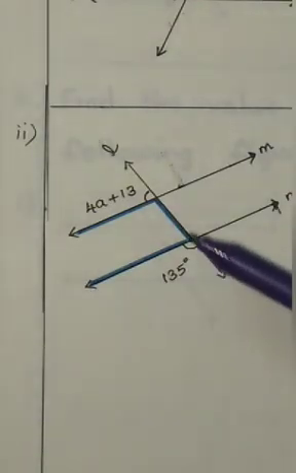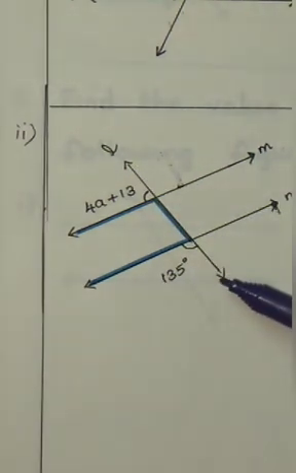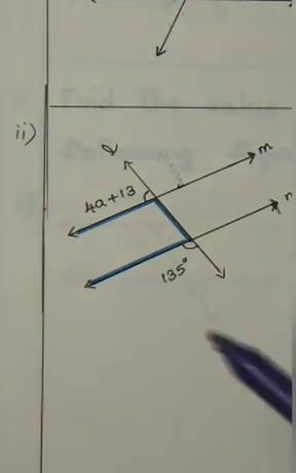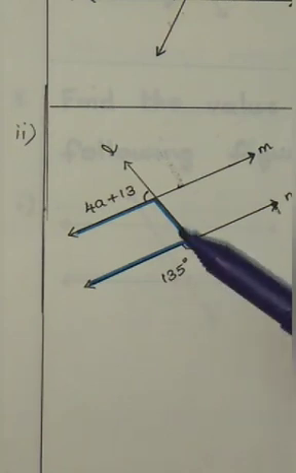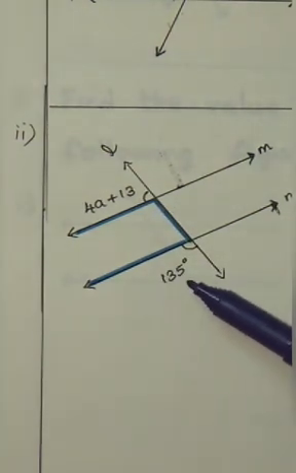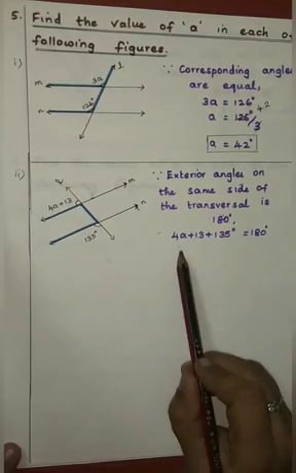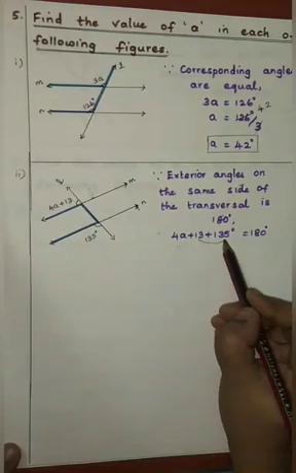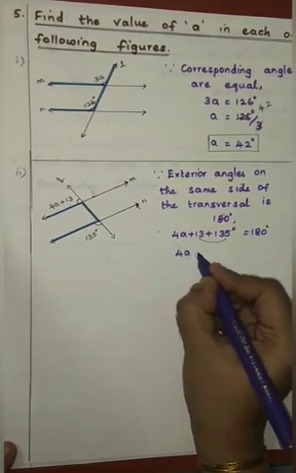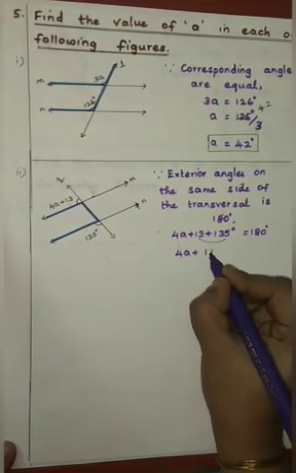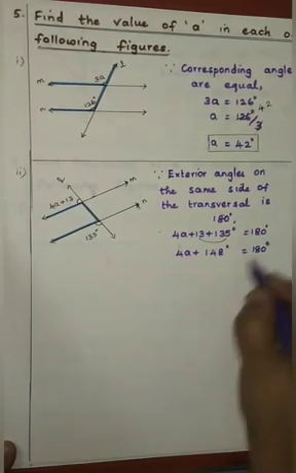Second subdivision. These two angles are exterior angles that lie on the same side of the transversal. So we know that their sum is 180 degrees. So 4A plus 13 plus 135 degrees is equal to 180 degrees. Leave this term, add the constant terms. 13 plus 135, 4A plus 148 degrees is equal to 180 degrees.